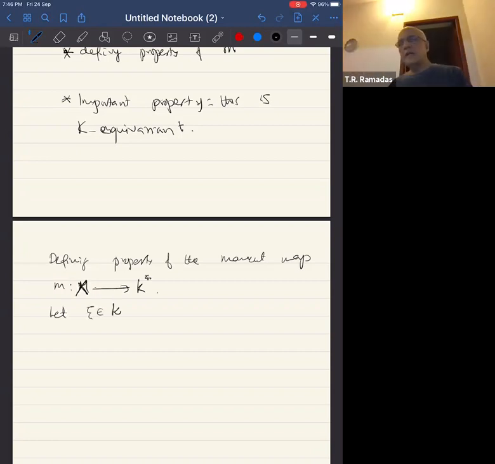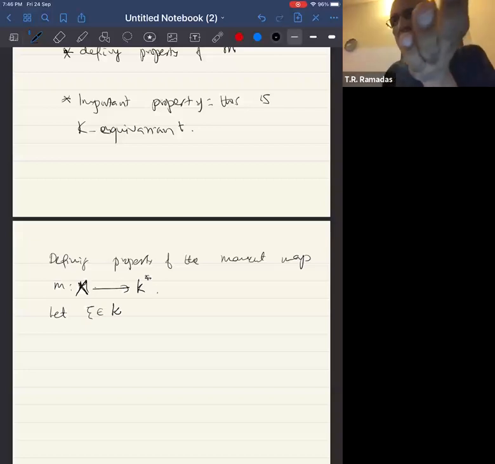Now, when a Lie group acts on a manifold, then you have the infinitesimal action of the group, which gives you, for every element of the Lie algebra of the group, a vector field on the manifold.